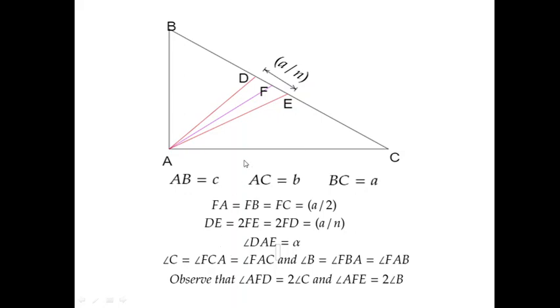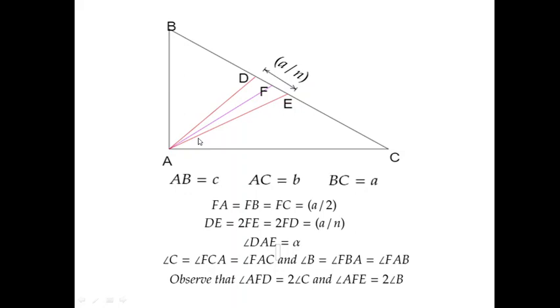Now observe, angle C is nothing but FCA, and FA equals FC, so FAC will also be angle C. Similarly FBA equals FAB equals angle B. So now you have the angles.